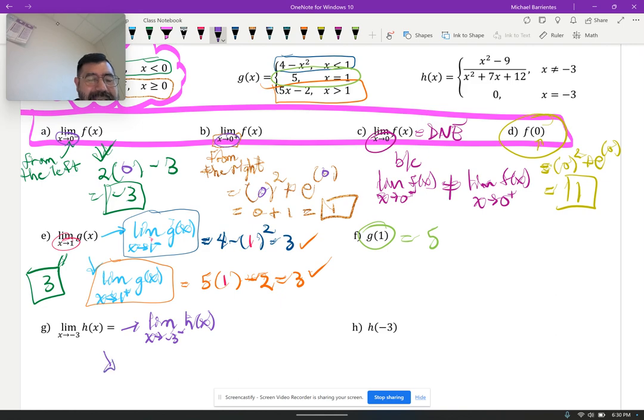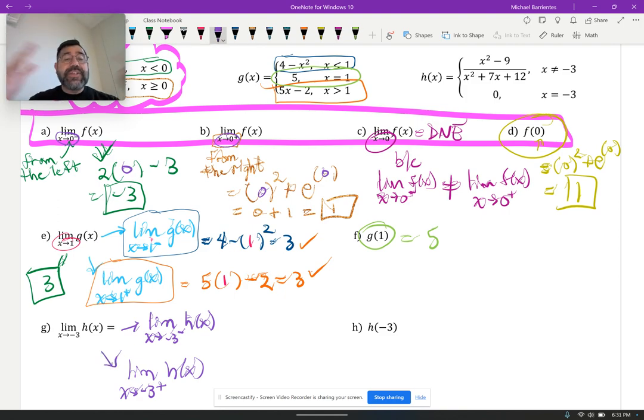And then is it equal to the limit of h of x as x approaches negative 3 from the right? So I need to check both directional limits, the left-sided limit and the right-sided limit. So let's start with this one.